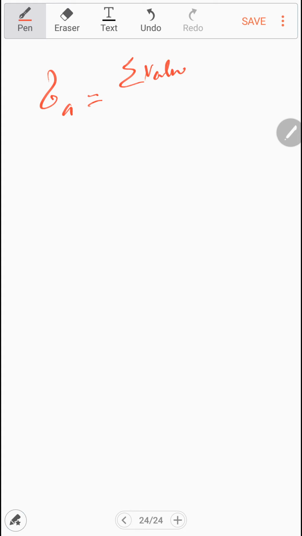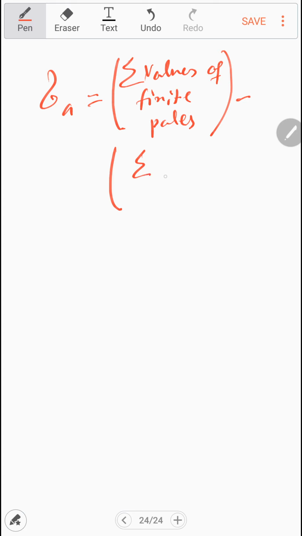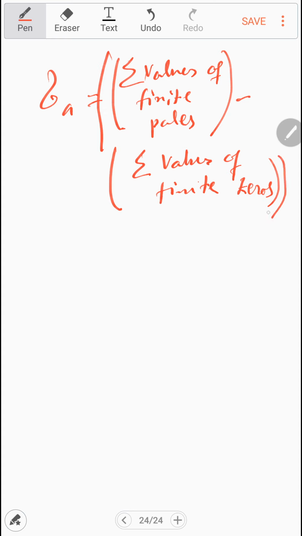The summation of the values of finite poles minus the summation of the values of finite zeros, and then the total divided by N minus M, where N is the number of poles and M is the number of zeros. So this will give you the location.